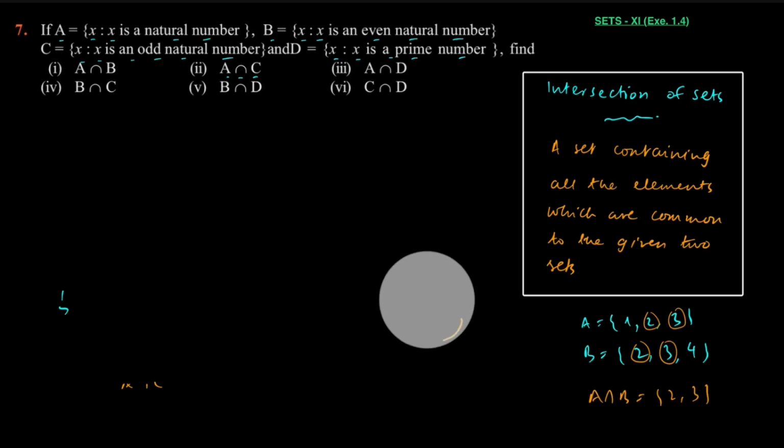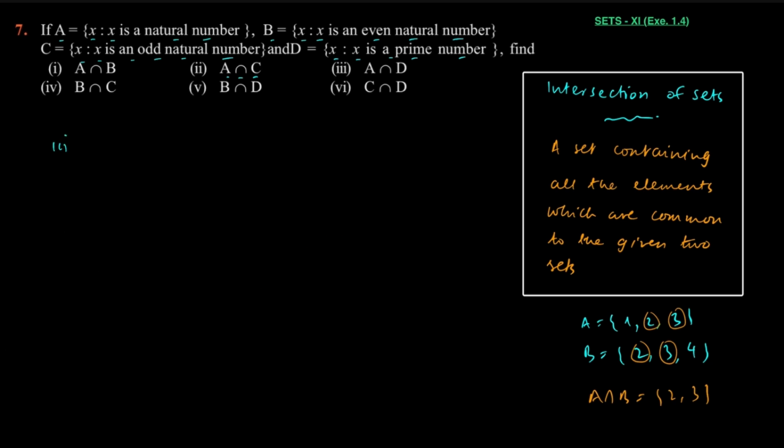Part number next. Third part. What is A intersection D? Here set A is having elements as we know 1, 2, 3, 4, 5, 6 and so on. And set D is a set of prime numbers. So the elements will be 2, 3, 5 and so on. And we know what prime numbers are.